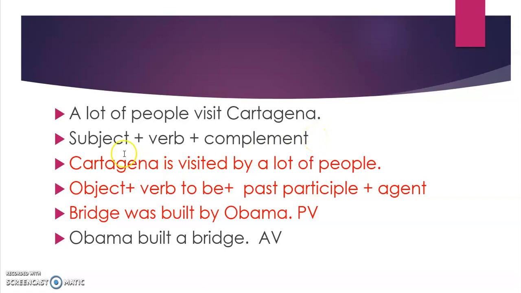But what happened here? I take this sentence and I write the same sentence in passive voice. I began with Cartagena, yes? Cartagena is, because remember is the verb to be, yes? The verb to be, it's necessary. Then the past participle. The past participle of visit is visited by a lot of people.